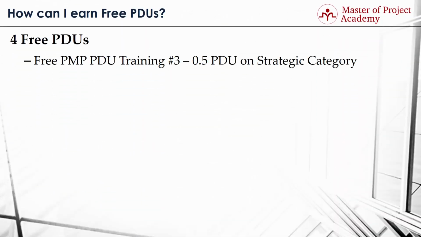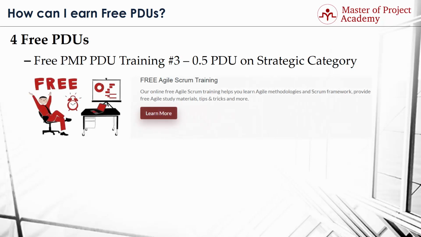Free PMP PDU training number 3, 0.5 PDU in the strategic category. The third free PMP PDU training is the free Agile Scrum training. Since the 2000s, Agile methodology started to be adopted by most of the software development companies in order to welcome fast-changing requirements of projects. There are several frameworks and methodologies under Agile.